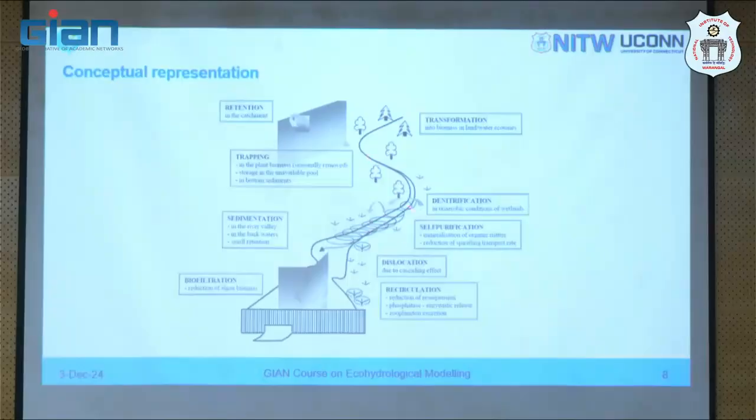Then as it moves and becomes deeper, there may be areas around the stream, not in the stream but around the stream, that may go anaerobic at times. And because they go anaerobic and there is nitrate that is transported downstream, in those anaerobic zones there is a lot of denitrification that happens because of the microbial activities that thrive on lack of oxygen, and they derive energy from denitrifying.